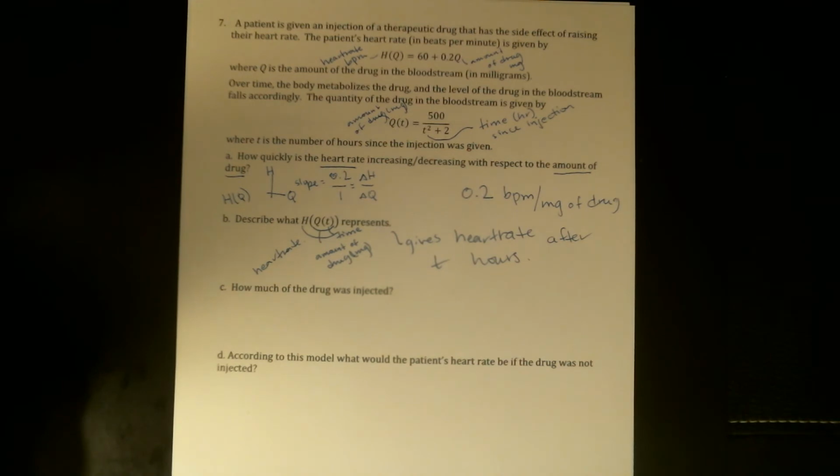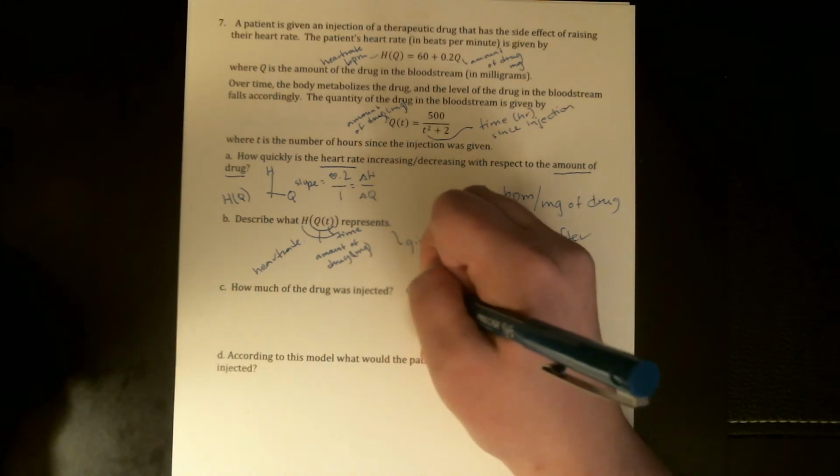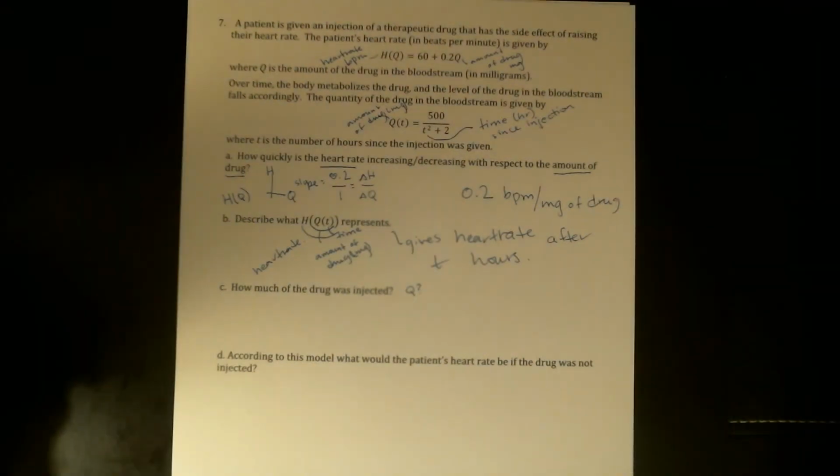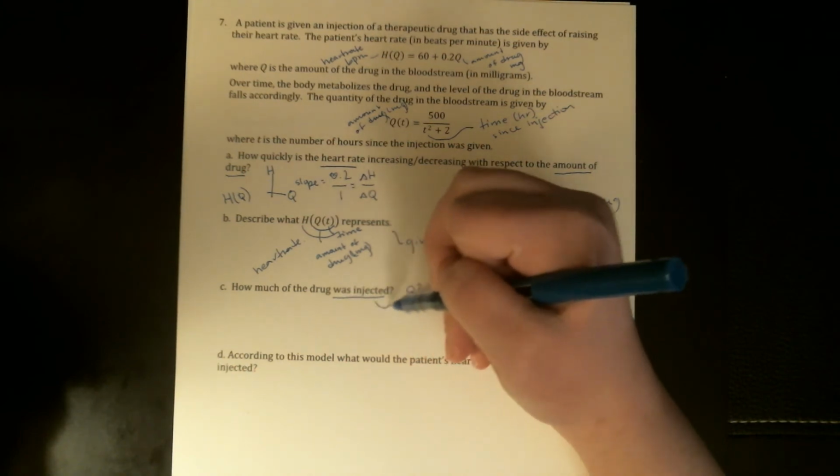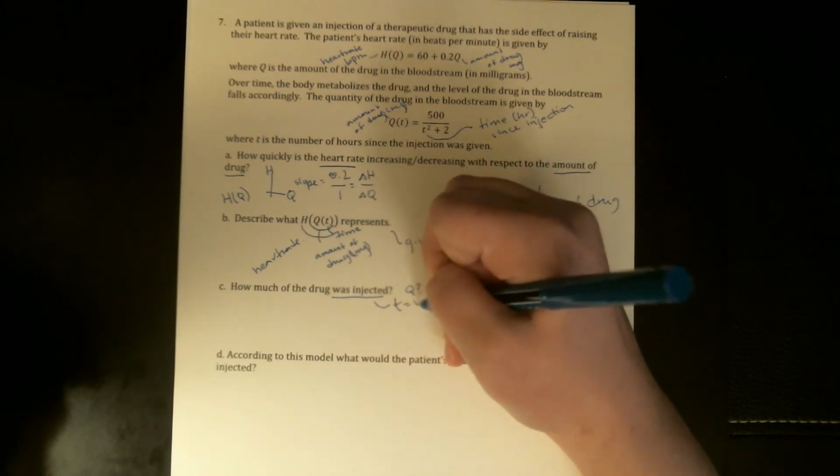Okay, part C, how much of the drug was injected? So this one I would say has a hidden piece of information. I'm definitely looking for a Q, how much of the drug, but I need to figure out whether I'm being given my second piece of information is a piece about heart rate or a piece about time. And in this one, I would say it's a kind of a subtle piece about time. If we're asking how much of the drug was injected, the injection happens at t equals 0.